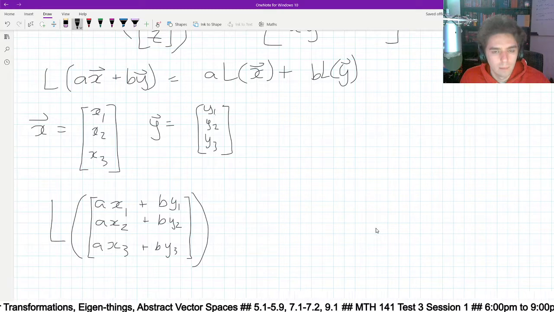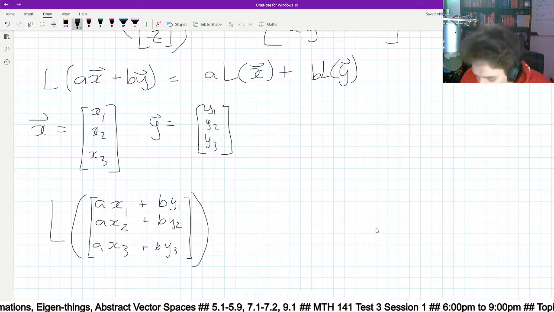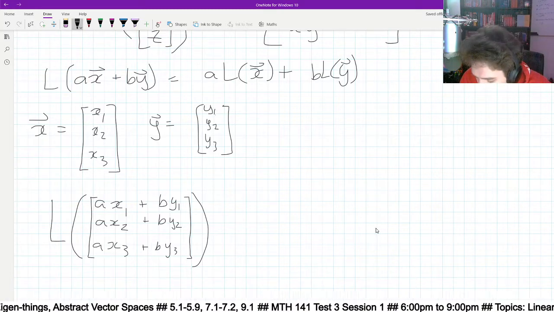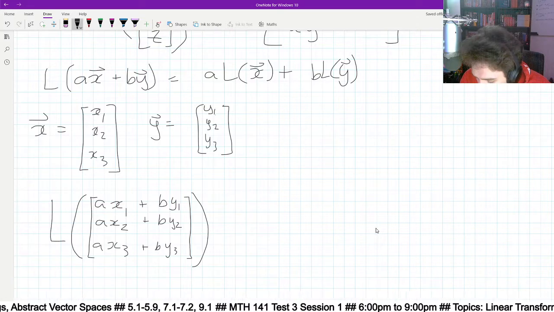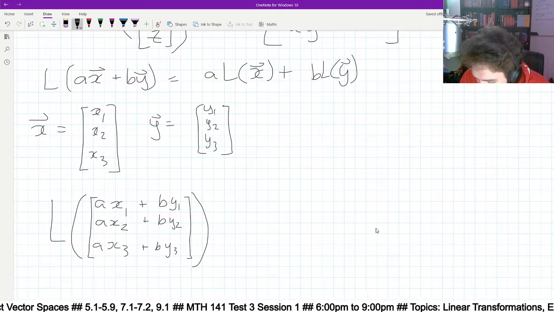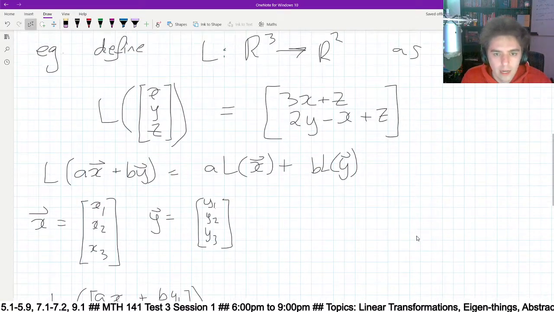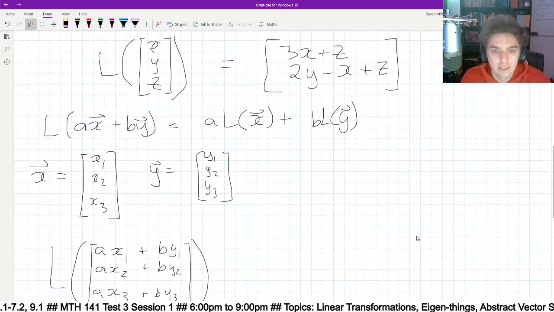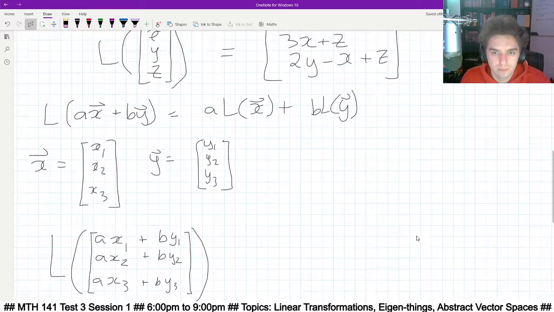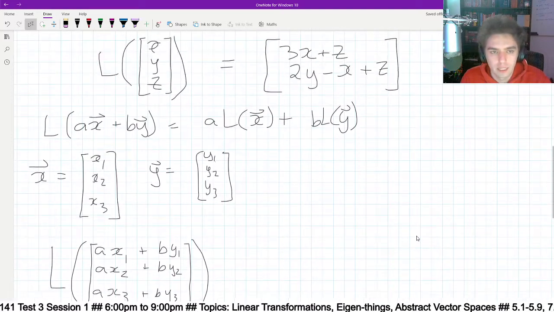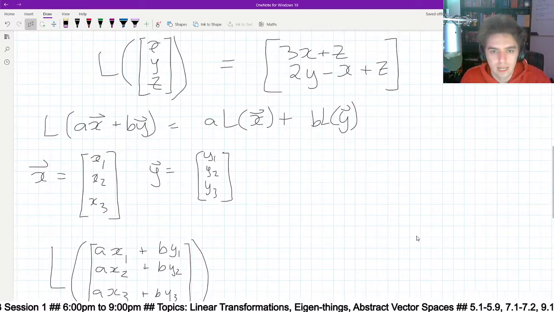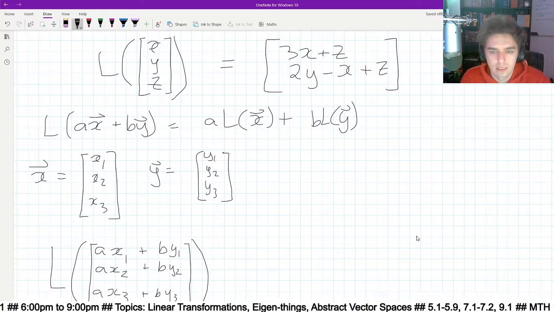So, oh, it might be better to go backwards. Let's see how we're going to do this. Yeah, let's apply the transformation to this. You see that's what the transformation is defined as, (3x plus z, 2y minus x plus z).